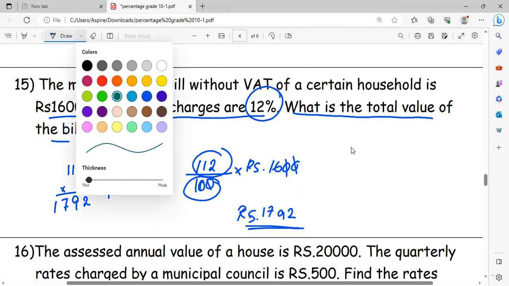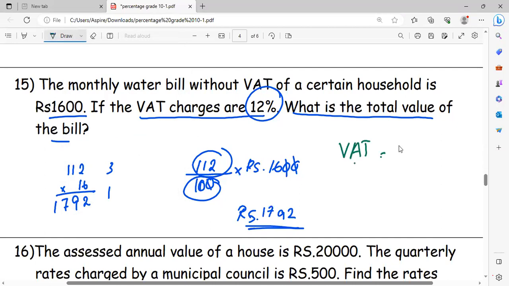Or you can calculate this question in the other way. That means you have to find the VAT first. When you find the VAT, it is 12% of the value of the bill.